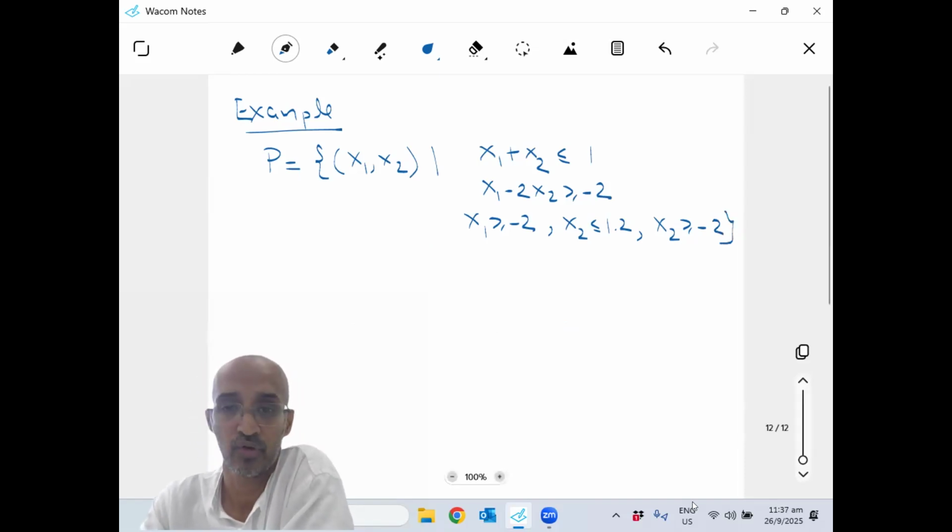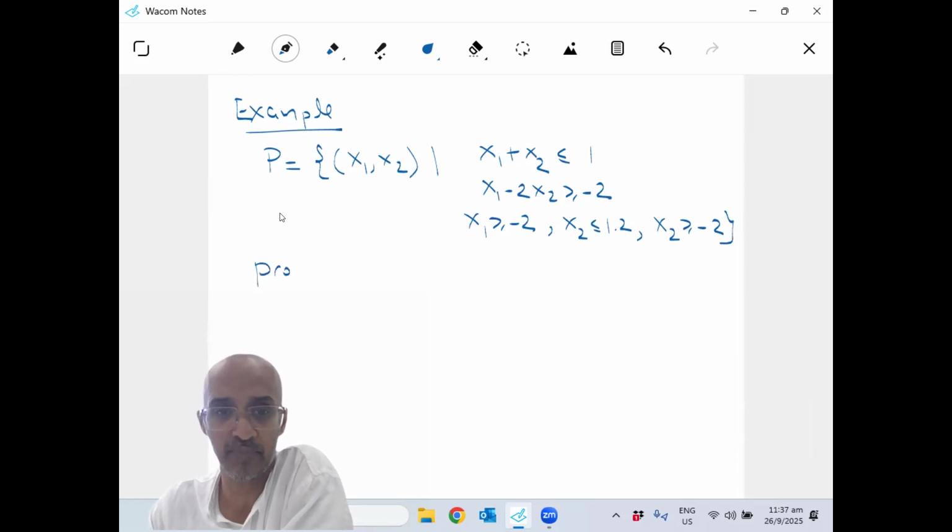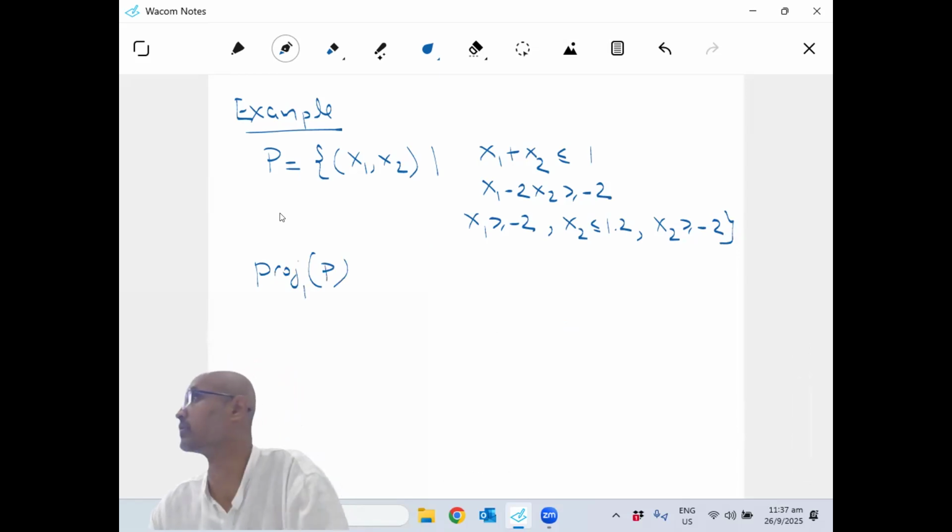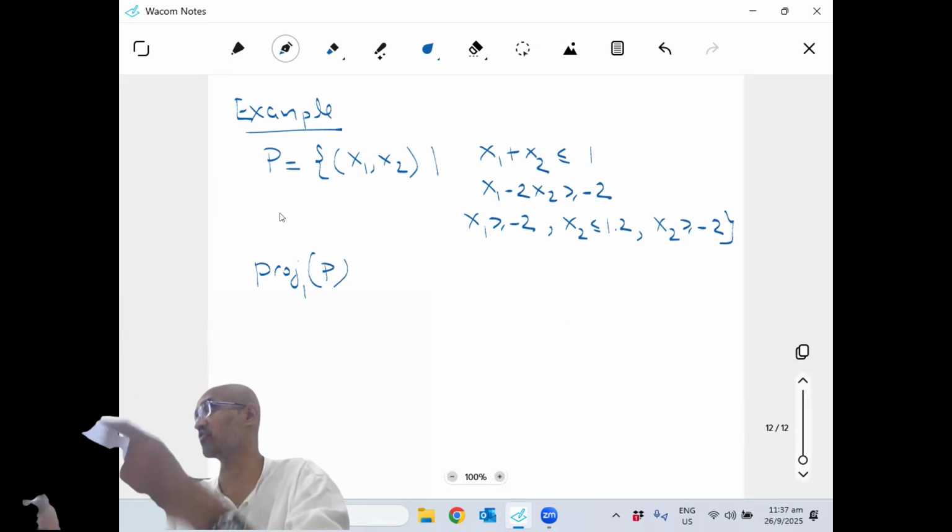Okay, so let's apply the algorithm. I want to project P onto the first variable, so I want constraints in x1 space.